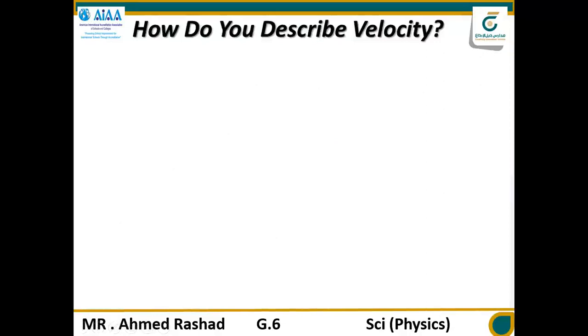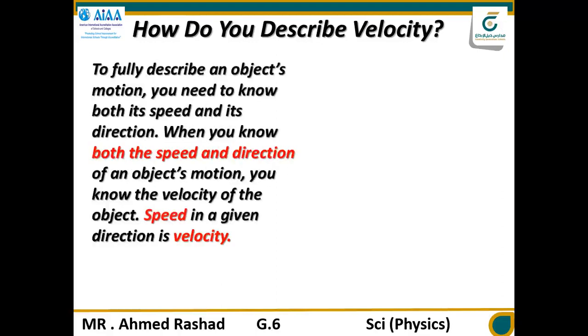We should know the difference between speed and velocity. There is a big difference between them, and these are two quantities that describe motion. To fully describe an object in motion, you need to know both its speed and its direction. Now we are going to talk about a new idea: direction. When I combine the speed and direction, that's called velocity.